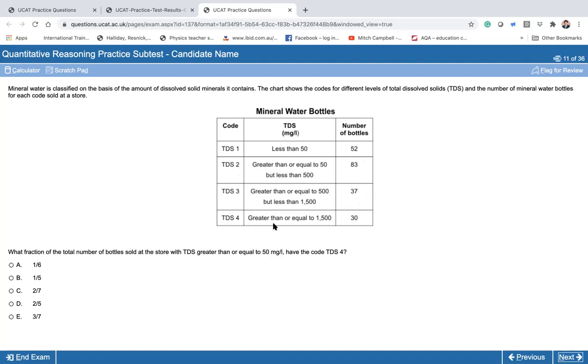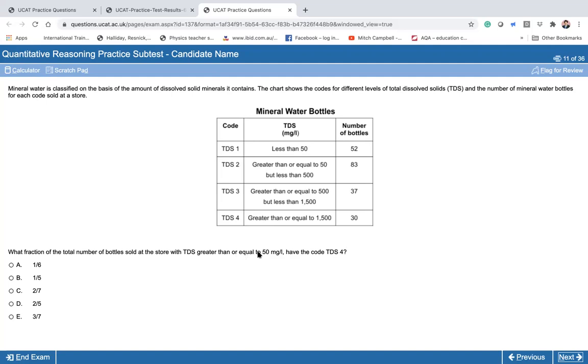And TDS 4, greater than or equal to 1500. That's 30. So the question is, what fraction of total number of bottles sold at the store with TDS greater than or equal to 50 milligrams per liter have the code TDS 4?